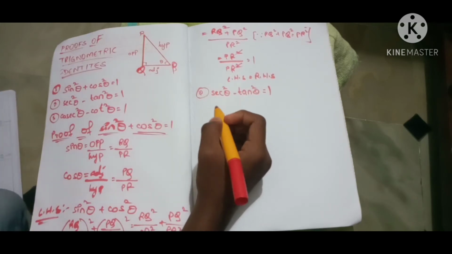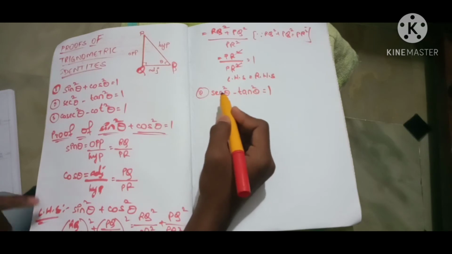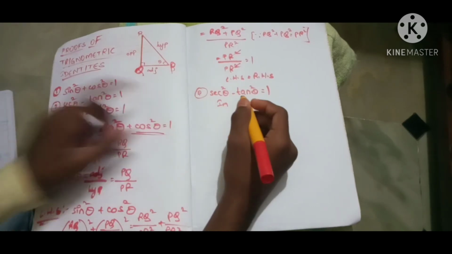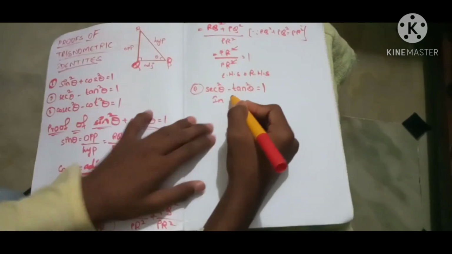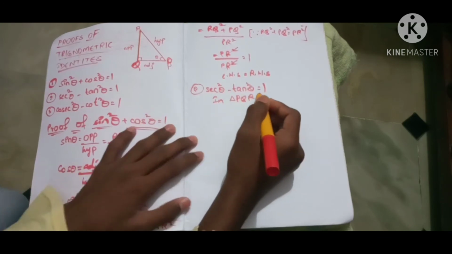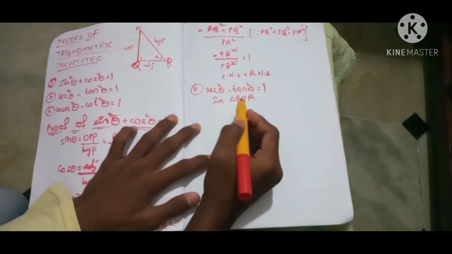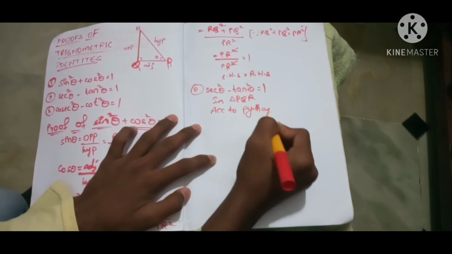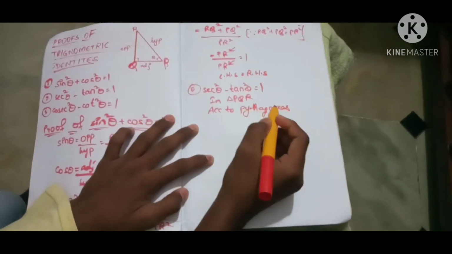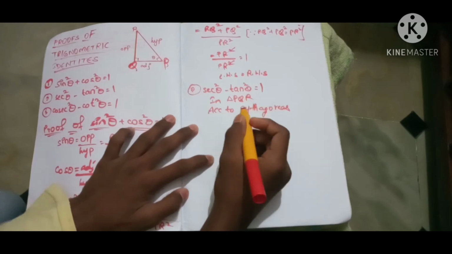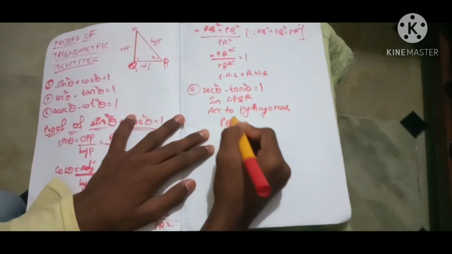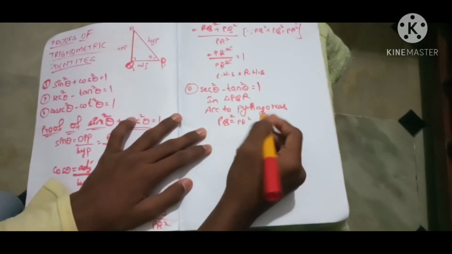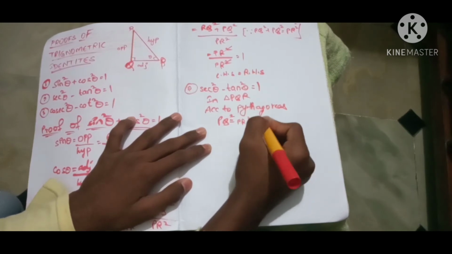Now we are proving this identity directly by the triangle PQR, according to the Pythagoras theorem. PQ square is equal to PR square minus RQ square.